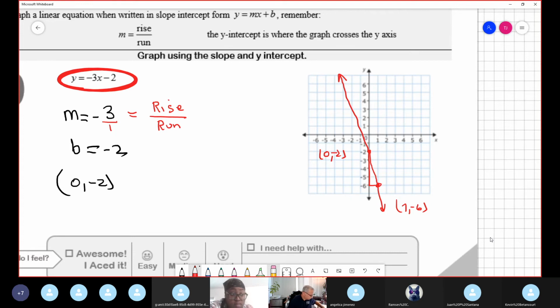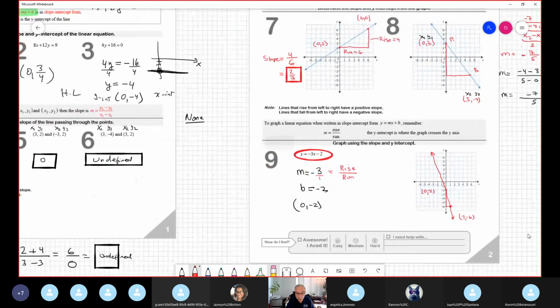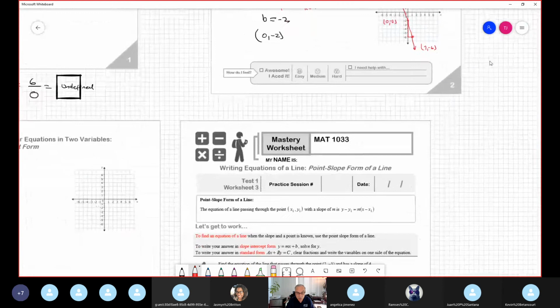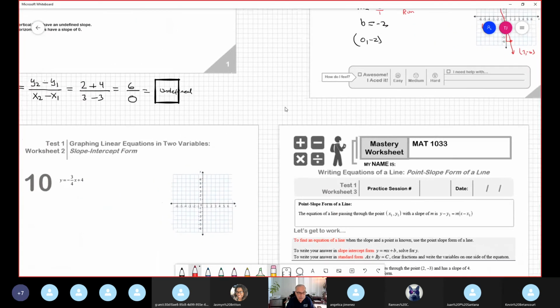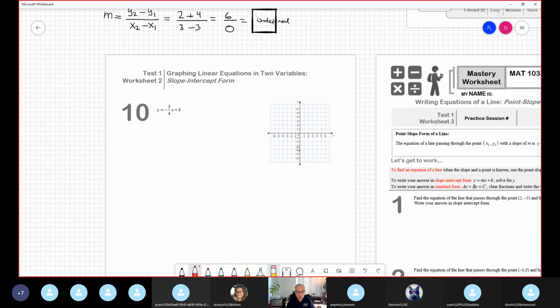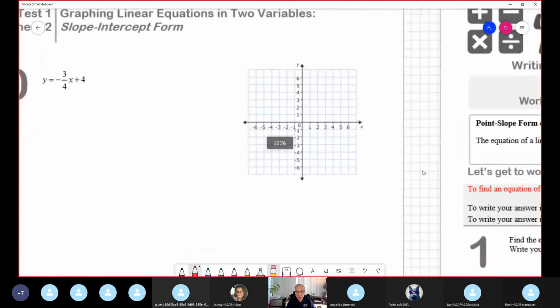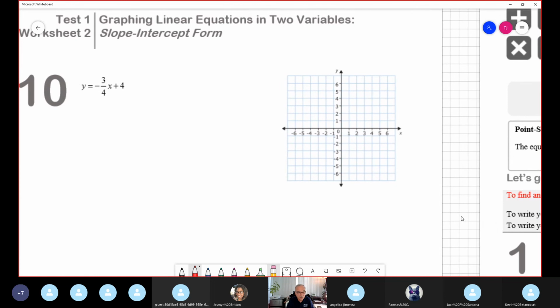Number 9. Any question? Okay, number 10. We see number 10 on the other page, I suppose. Okay, let me zoom to see more clearly. In number 10, the equation is given and it is solved for y, because the y is isolated.